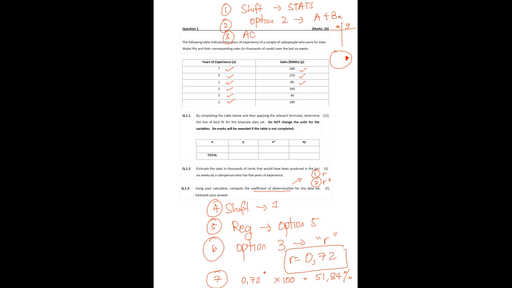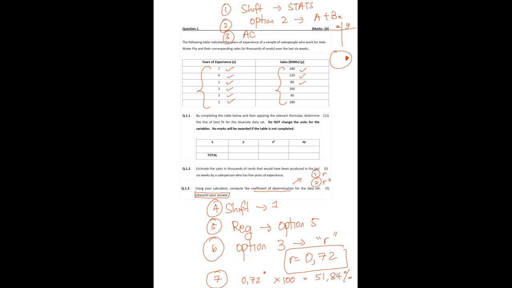And again, they asked you to interpret here. So when interpreting, if you're getting a negative answer, that most likely means that you entered the values incorrectly onto the calculator. You'll need to go back and check if you've maybe left out a number for X, or you've left out a number for Y, or maybe you left out a 0, or you entered one more 0, that kind of thing.